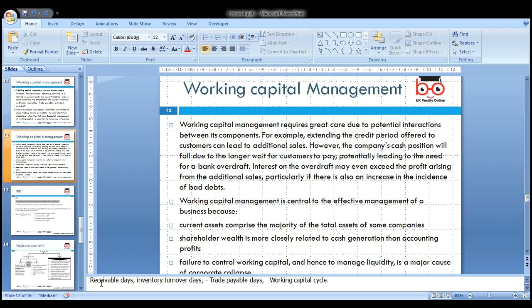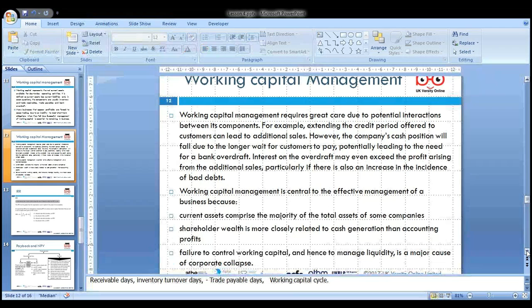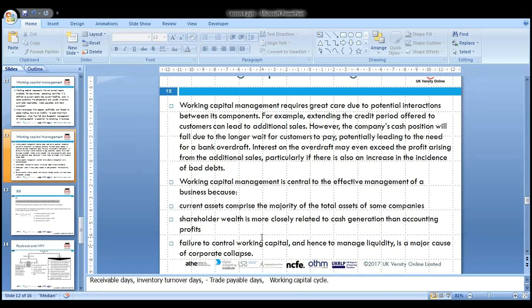Working capital management is central to the management of the business. Current assets comprise the majority of total assets in some companies, and shareholder wealth is more closely related to cash-generating profit. Failure to control working capital and liquidity has been a major cause of corporate collapse.